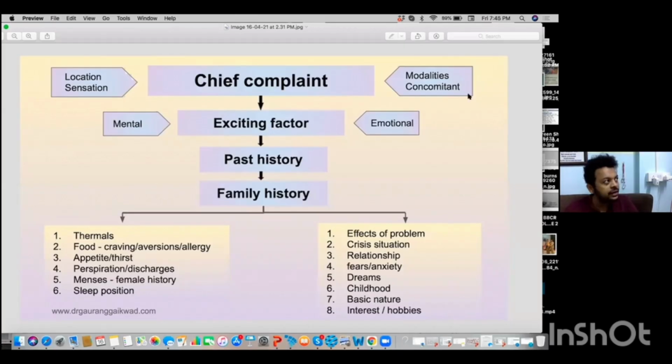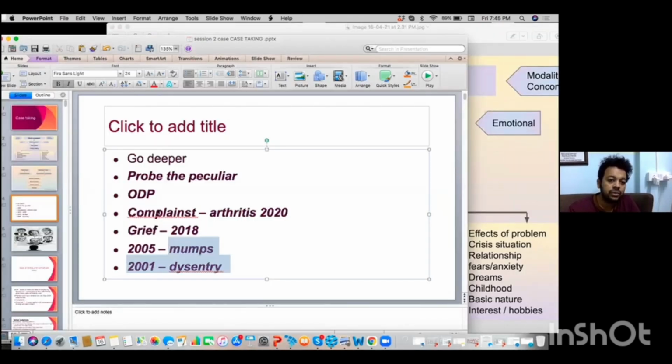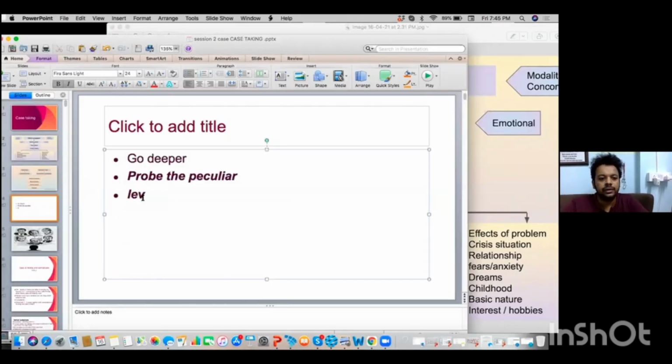How do you decide? There are different ways of going about it. For me, it's a very simple way of deciding. I decide based on the level of the case.